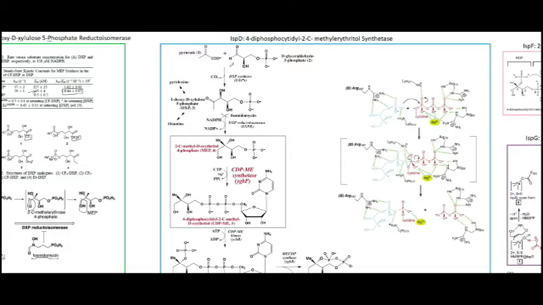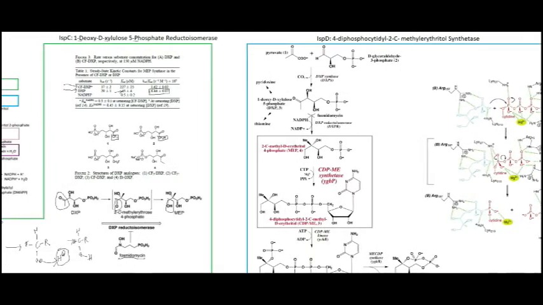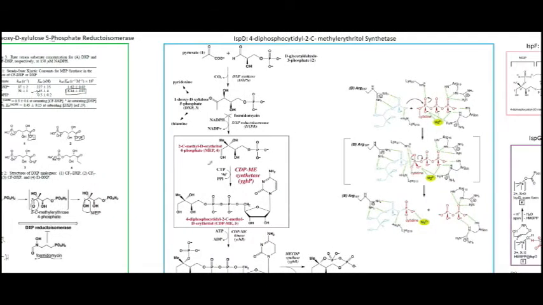So we went from our pyruvate and glyceraldehyde 3-phosphate. We formed our 1-deoxyxylulose 5-phosphate, or DXP here. We went through this reductoisomerase reaction, and now we are focused on this reaction.